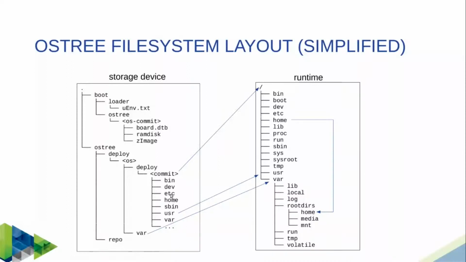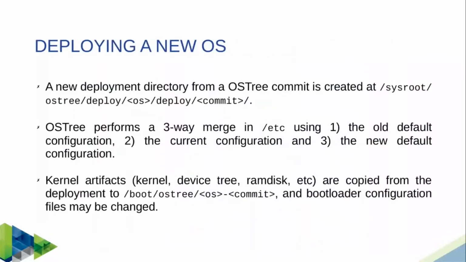We're going to discuss how the /etc works because it is also handled in a special way. OSTree will do a merge of the content that you have in the current deployment when you do a new deployment, when you update the file system. So what is deploying a new operating system? Deploying a new operating system basically means checking out a new version of your file system.